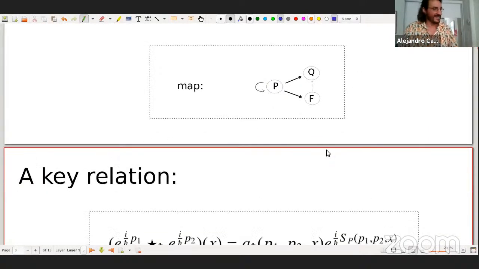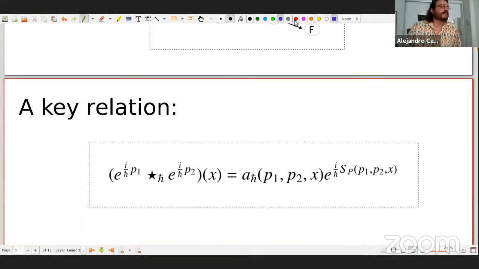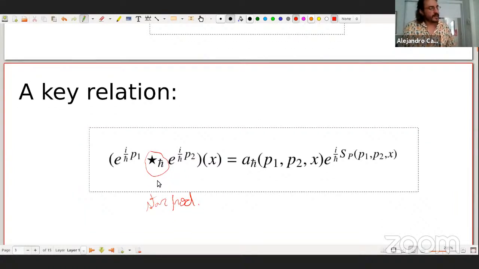Okay, we're back. So there was this key relation. On this side, this is a star product, which is a family of products that is meant to quantize an underlying Poisson structure that appears at first order in this parameter h. And in this key relation, which one could assume holds, there appears this exponent here.